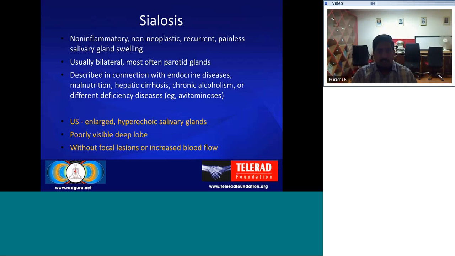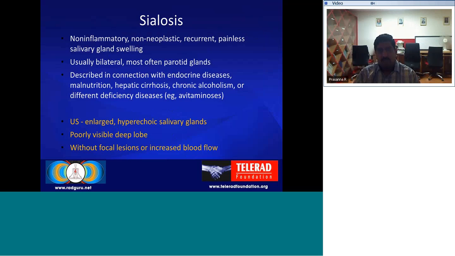Sialosis is a condition where a patient presents with swelling of the salivary glands, but on ultrasound we don't see any signs of inflammation. Sialosis is basically a non-inflammatory, non-neoplastic, recurrent, painless salivary gland swelling.